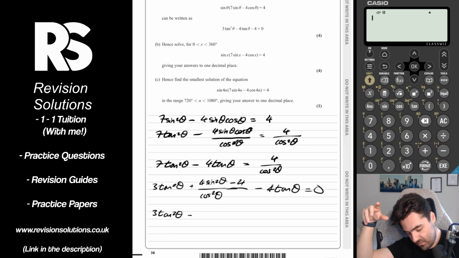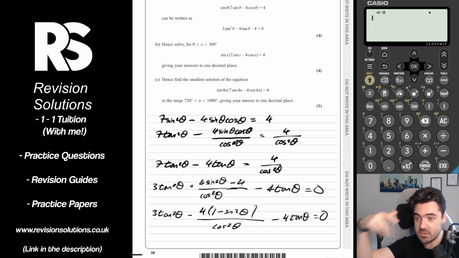If we take a minus 4 out, then the numerator becomes 1 minus cos squared theta. Sorry, 1 minus sine squared theta, excuse me. Over cos squared theta. Minus 4 tan theta equals 0.